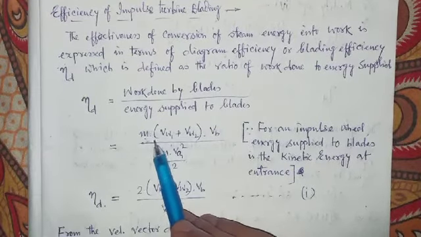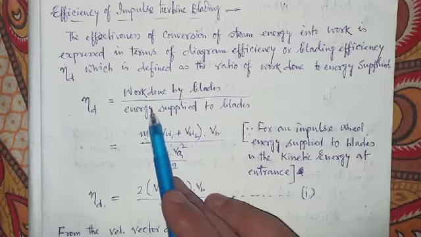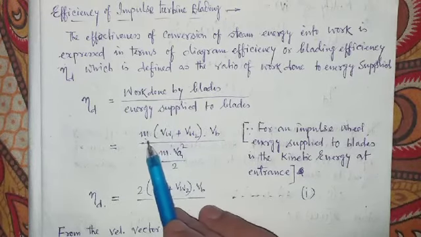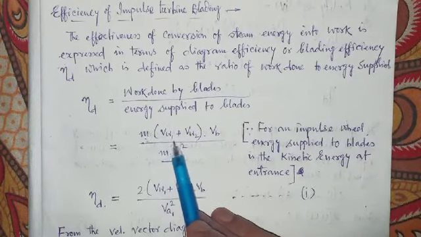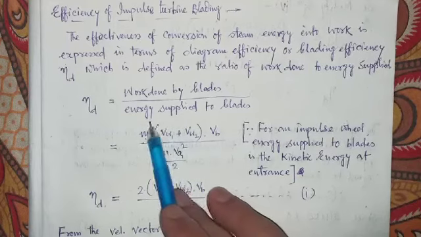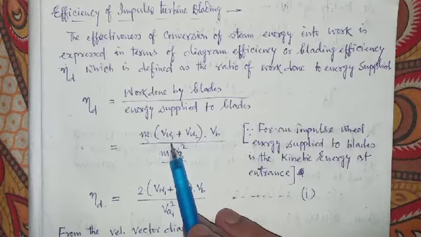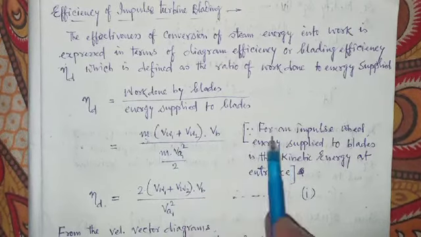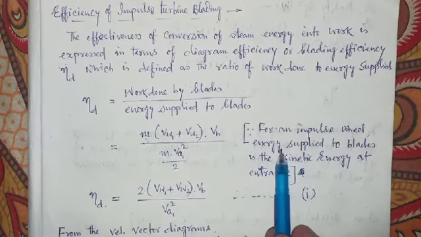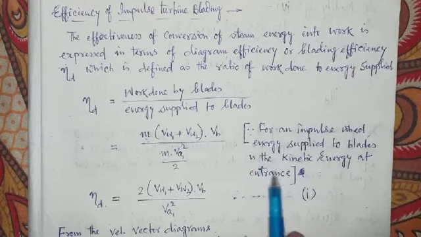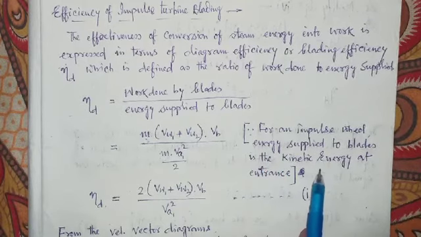This is very easy. We have already evaluated the expression for the work done per second: VW1 plus VW2 into VB, divided by the energy supplied to the blades. What type of energy is supplied to the blade? Kinetic energy. For an impulse wheel turbine, the energy supplied to the blade is the kinetic energy at the entrance.